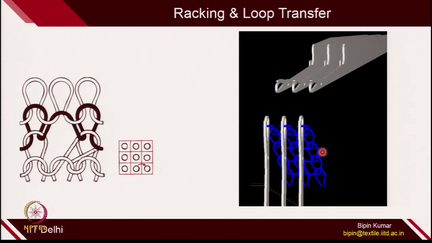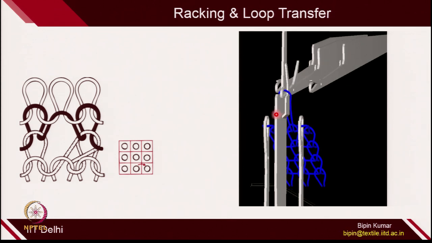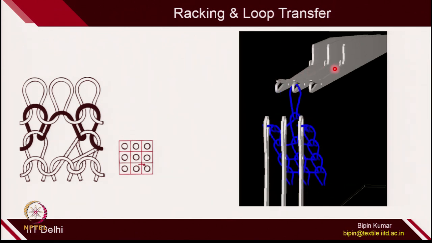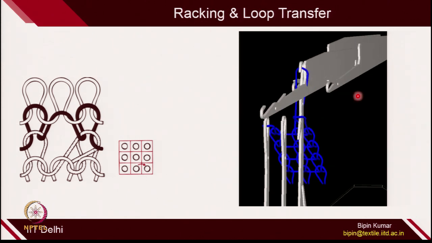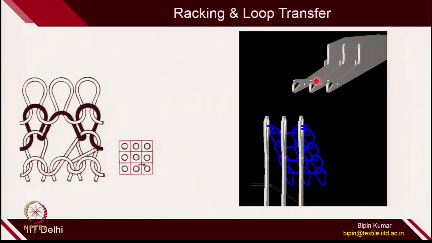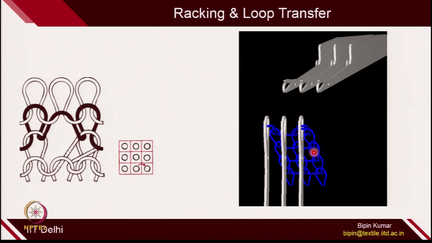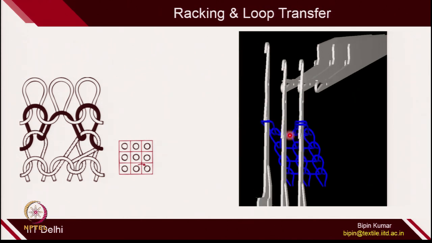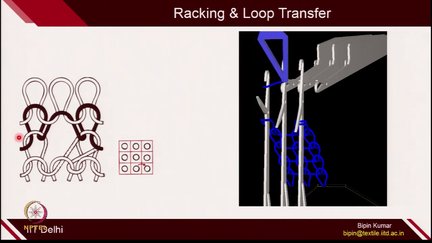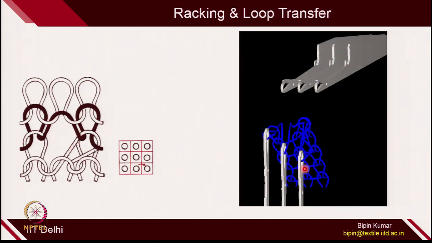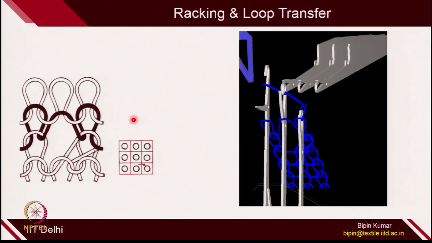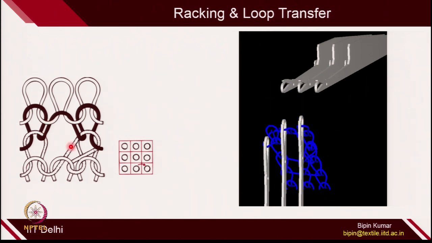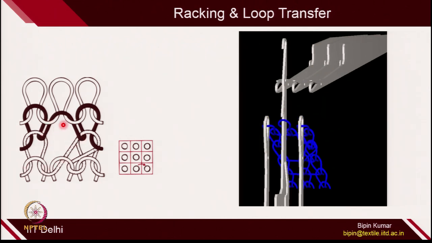First, this front loop is transferred to the opposite bed and this bed is actually racked. Racking is the shifting of the bed, and then this loop is transferred again to the next column, and next you are making this black row. And again you are making another course. In this way, you can see a very beautiful hole is created in the fabric.